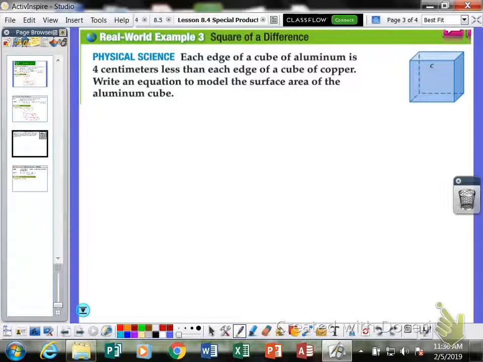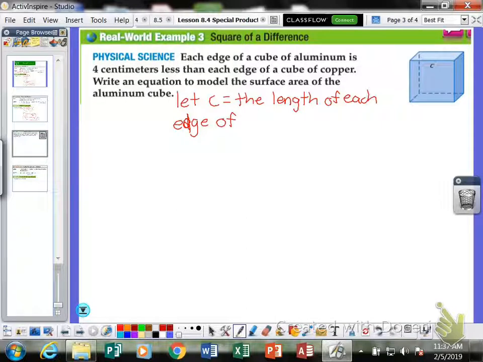So first things first, we're going to let C equal the length of each edge of copper.